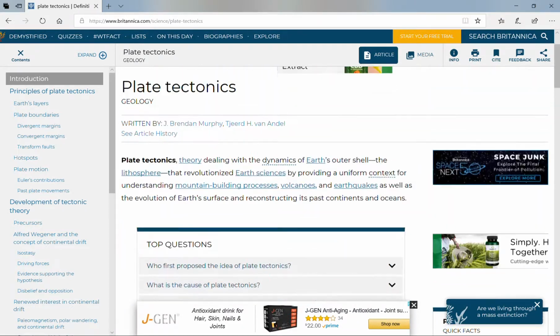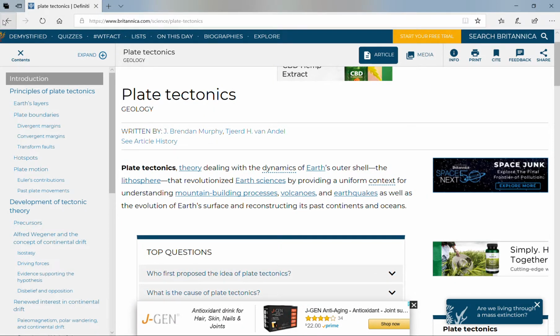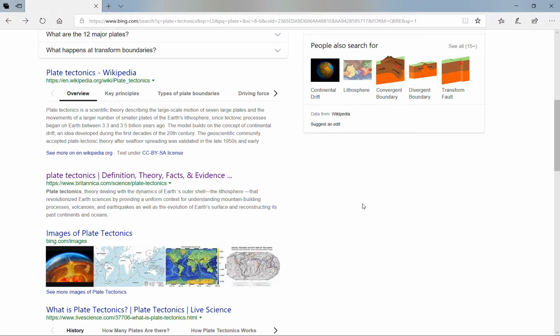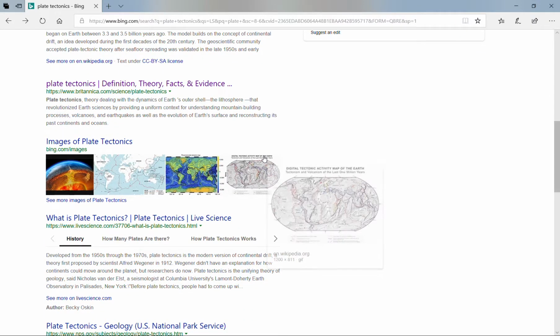Mainly, it's about these lithospheric plates moving, and how earthquakes, volcanoes, mountains, and all those form.